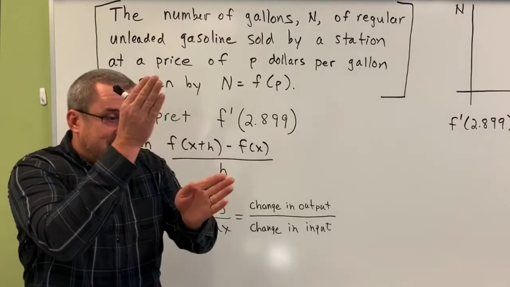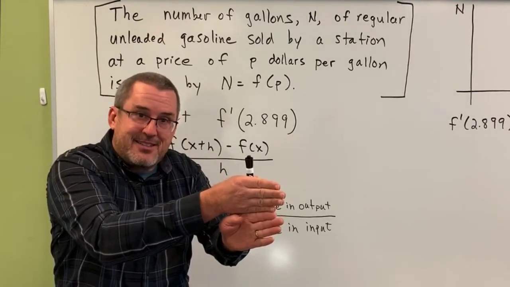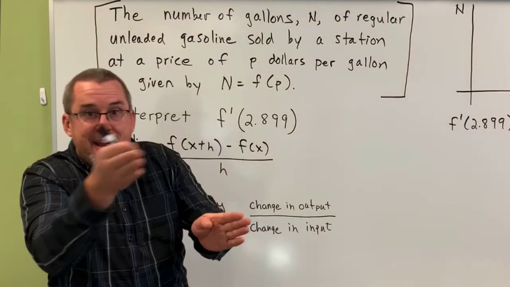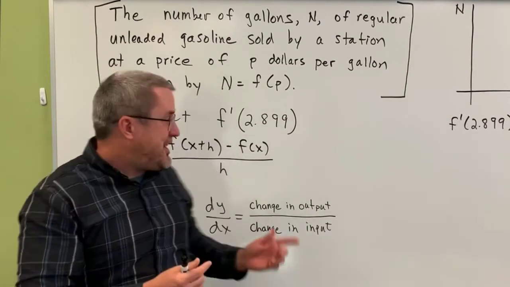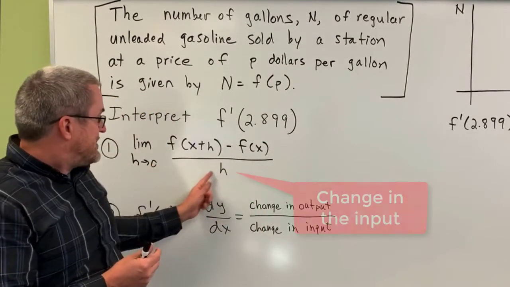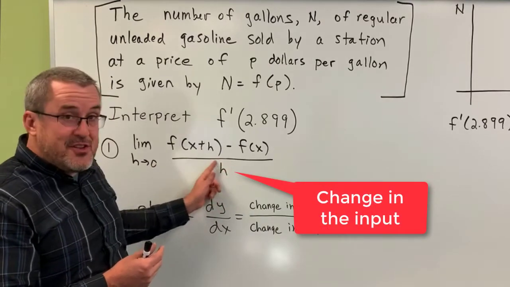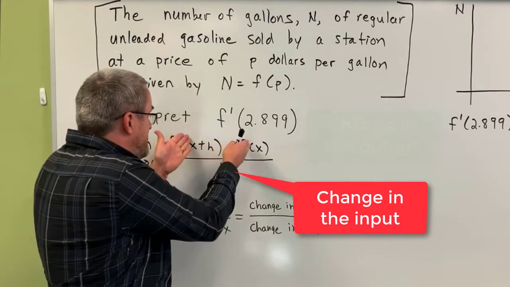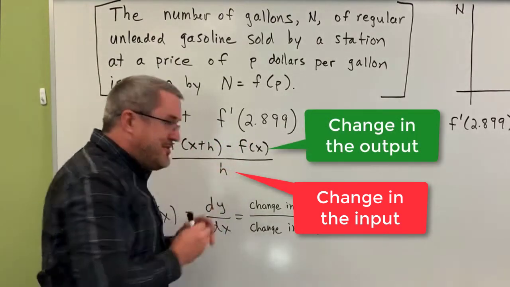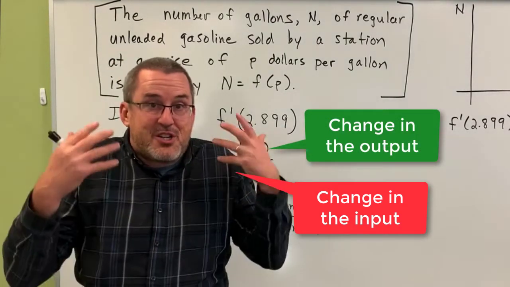Remember, we said start at some value of x, change just a little bit away from that value of x called h, which is approaching 0. So the change in x, the change in the input, is that amount h.